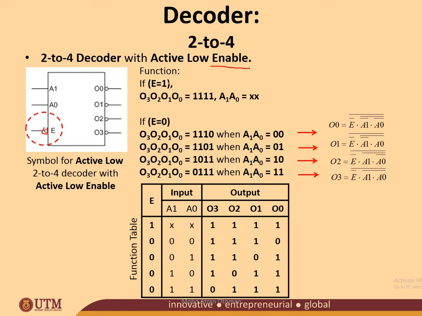At this stage it doesn't care what the input combination is, so your inputs A1 and A0 will be X and X. When the enable is 1, the chip doesn't perform the decoder function. It will not consider any variation of inputs, and it will provide all 1s for the output. Why 1? Because this is active low output.